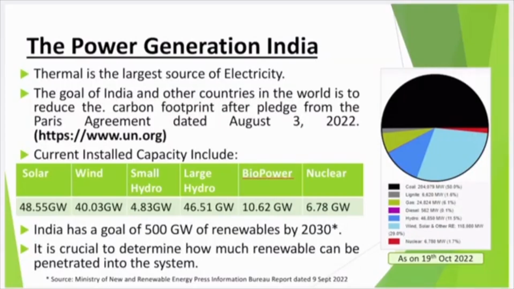But we do have a large goal set for India, considering the aspiration of middle class Indians who are going to consume more energy in the next 10 to 20 years to come. So India has a goal of 500 gigawatt of renewable installation by 2030. It is crucial to determine how much renewable can be penetrated into the system.